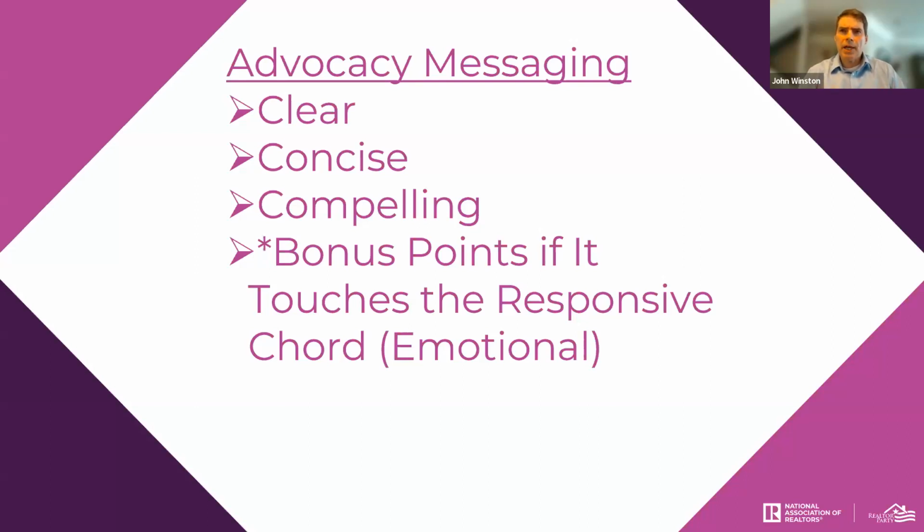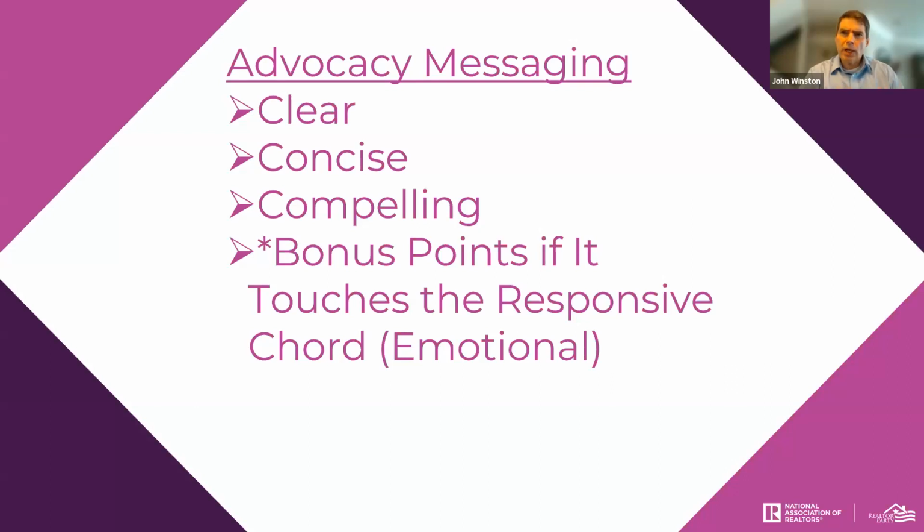And I think a lot of times in the advocacy material I've seen and reviewed, we get very technical, very cut and dried, and we forget to tap into that emotional piece of how we do this.